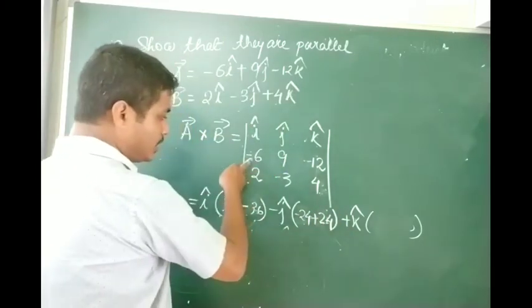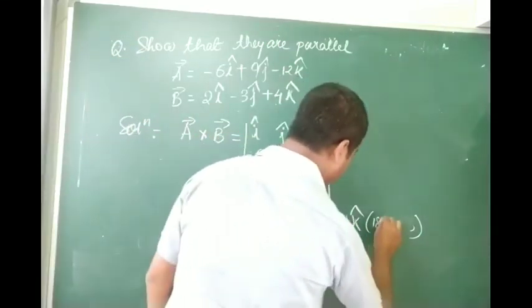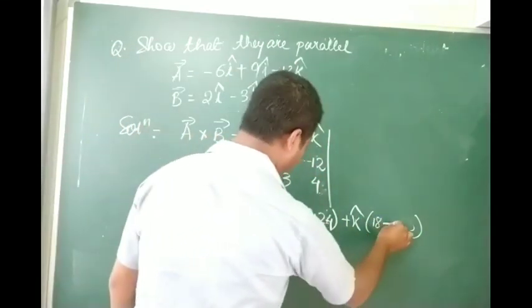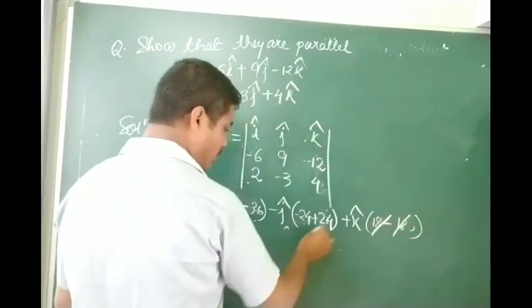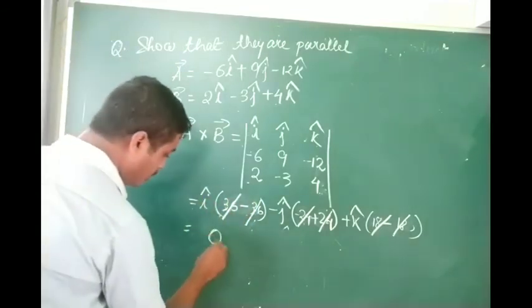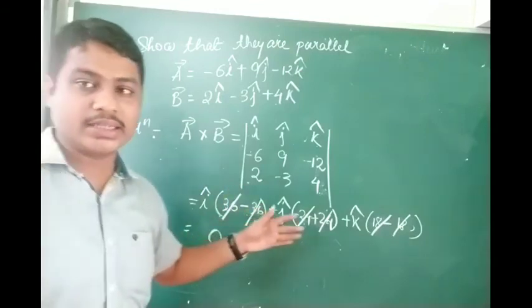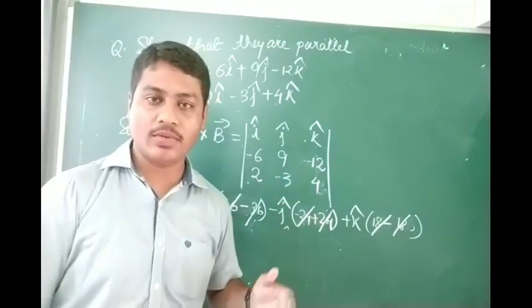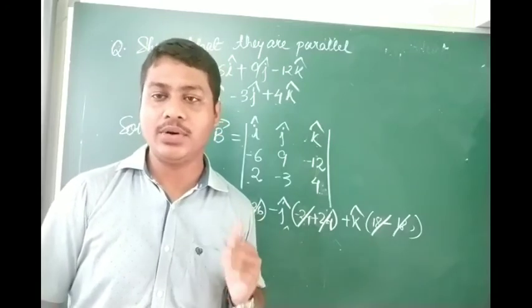Next for k cap, 6 threes are 18, but it will be plus, and in between we have minus, 2 nines are 18, so it will be 18. So 18 gone, 24 minus 24 gone, 36 gone, so you are getting the answer equal to 0. That means both the vectors are parallel to each other. So we have to write below that vectors A and B are parallel to each other.